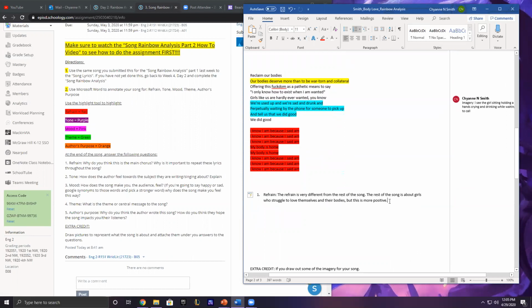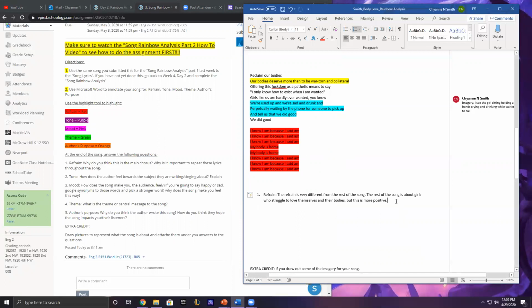And so I put that I think these lines are important because if I pretended this were a poem and I were reading it to myself, it's in first person, so I'm reading it as I. So I thought it was important because it's like a reminder to love yourself in your body because it's home, right? And we only get one to live in.